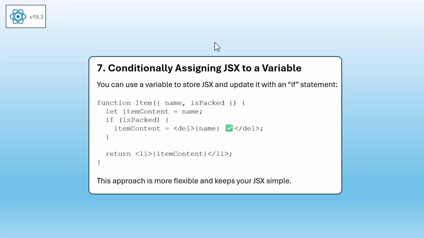Then, using an if statement, you change the value of that variable if a condition is met. For instance, if the item is packed, you might assign a version that includes a check mark or even a different element. Finally, you insert that variable into your JSX using curly braces. This approach is slightly more verbose, but it's the most flexible one. It makes it easy to add more logic later and keeps your JSX simple and clean.